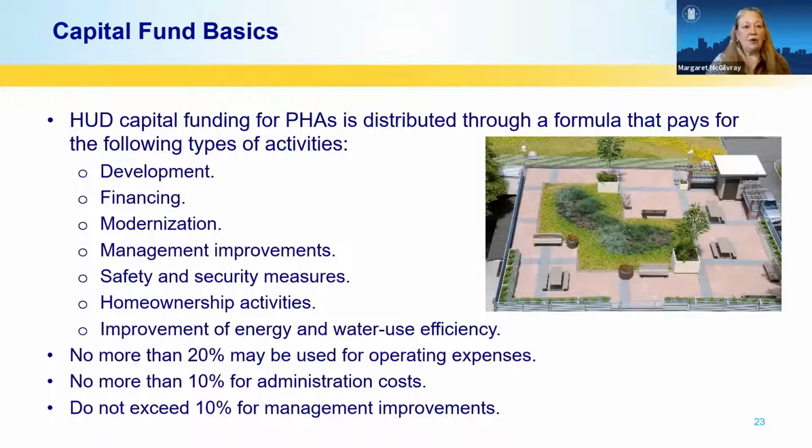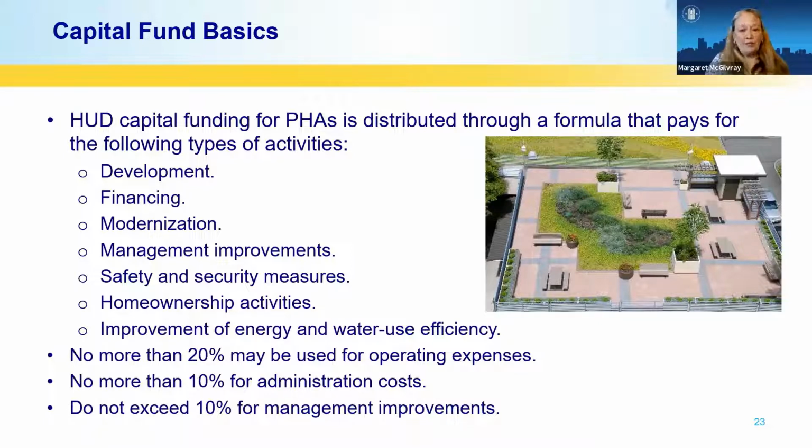And if you transfer all of it into operating funds, then you may only use it for operating fund eligible activities and not capital fund activities. So it's important to be very careful about how much you actually do transfer into your operating fund.